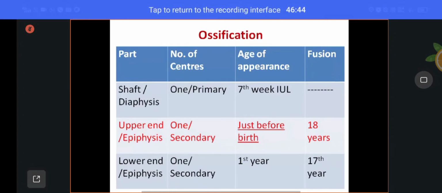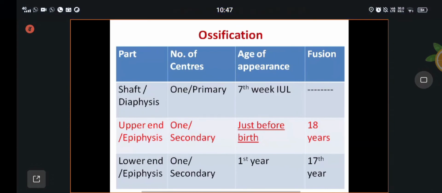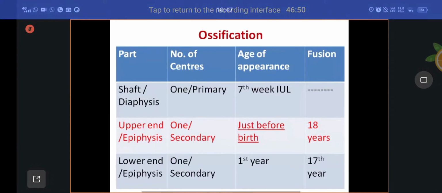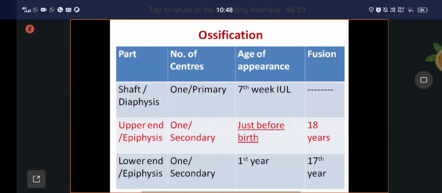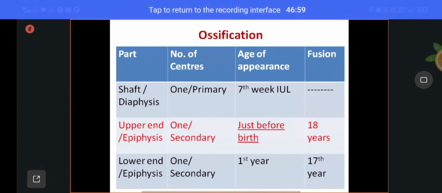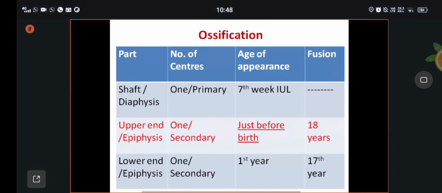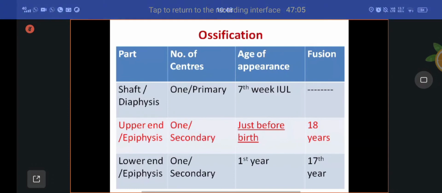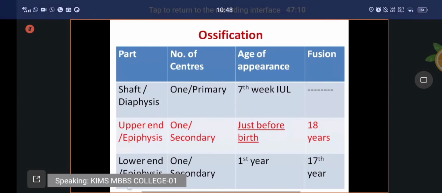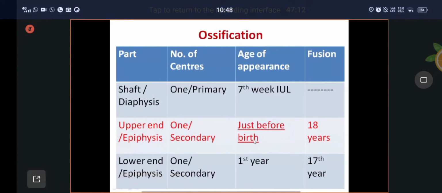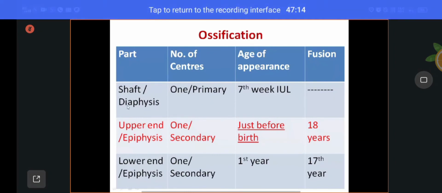Once again I repeat, the epiphysis which appears first fuses with the diaphysis last. That is the growing end of the bone. The epiphysis which appears last fuses with the diaphysis first. That is the non-growing end of the bone.